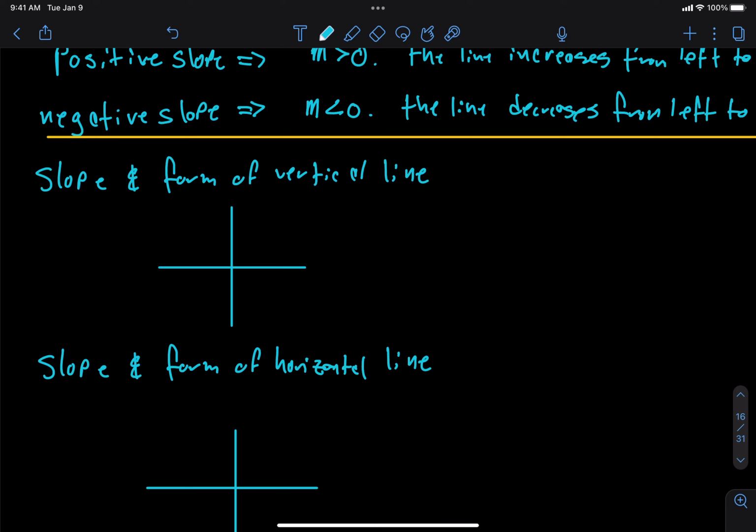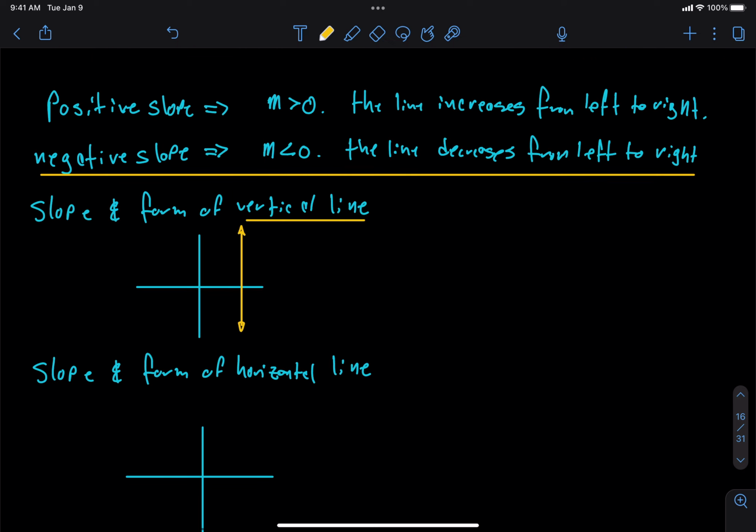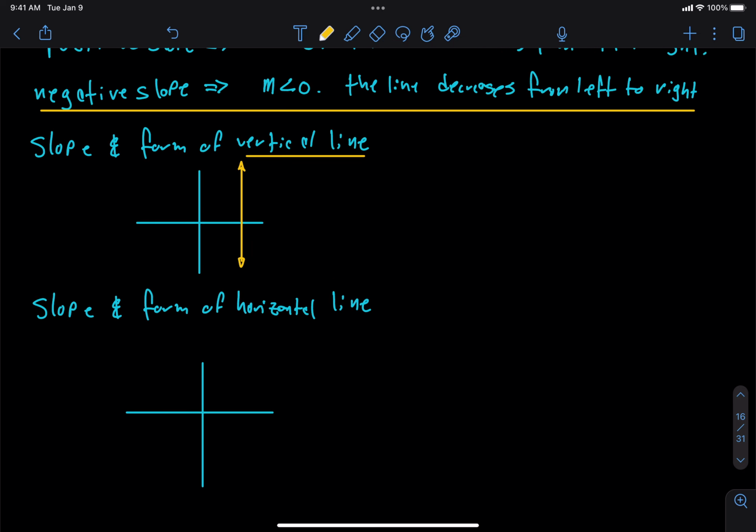Okay, so a vertical line looks like so, maybe. So the vertical line can be seen here. Okay, and we want to ask ourselves, well, sorry, was there a question? Oh. Okay, so we want to ask ourselves, what is the slope of this guy?